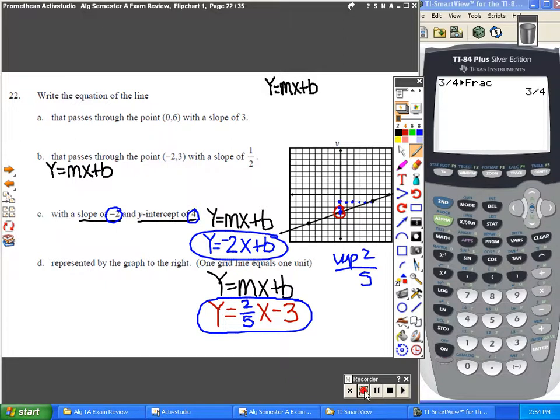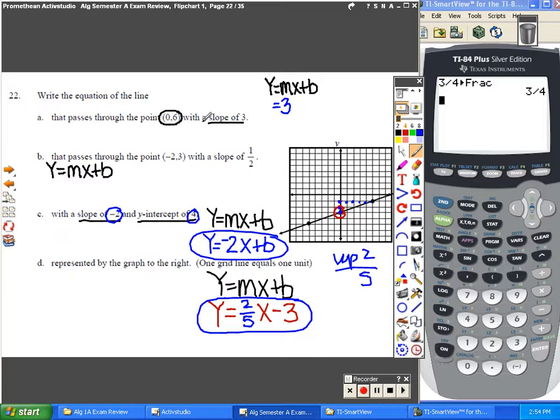For sections 22A and 22B, they give you the slope, but they don't give you the y-intercept. So in this case, you're actually going to have to use the other information they give you to solve for it. So start with slope-intercept form, and then fill in the stuff you do know. You do know the slope is 3, so you can put a 3 where it says m.